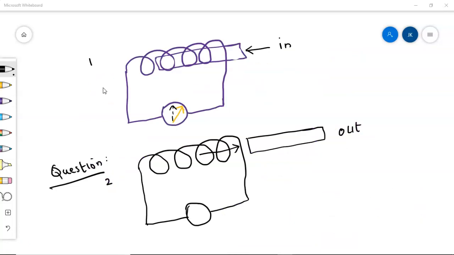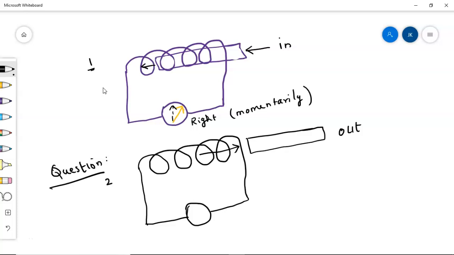In figure 1, a magnet is moving into the solenoid. Into the solenoid means to the left. Now you can see the ammeter or the galvanometer, the needle deflects to the right momentarily.